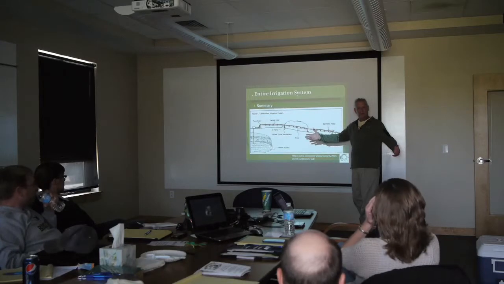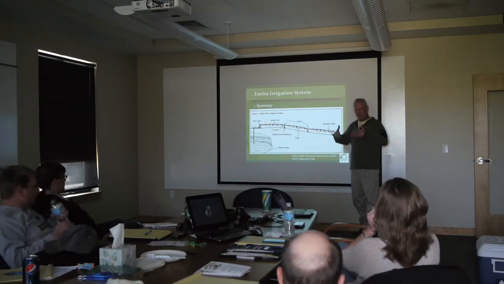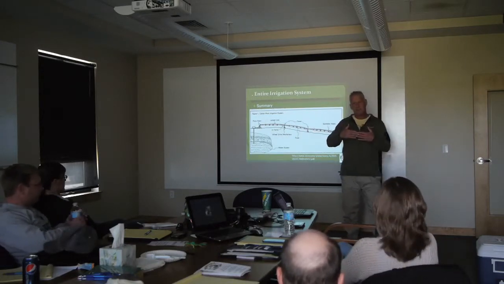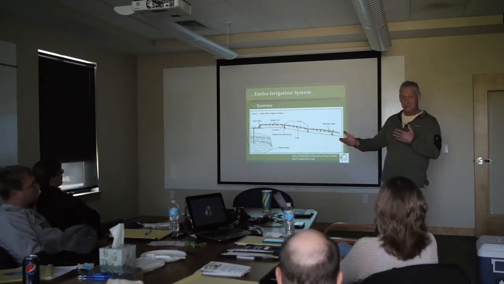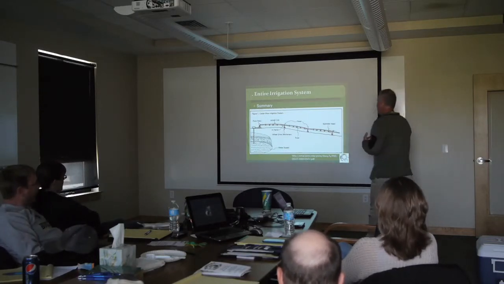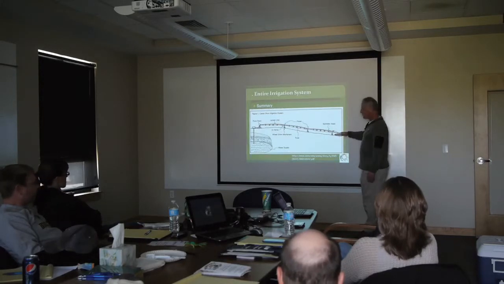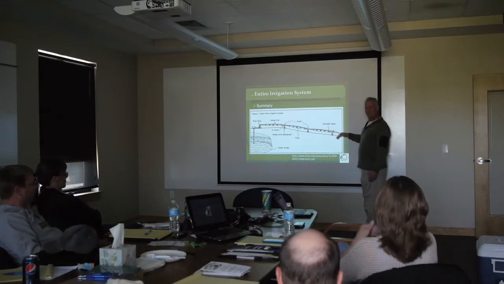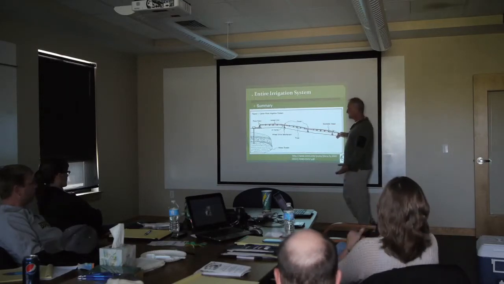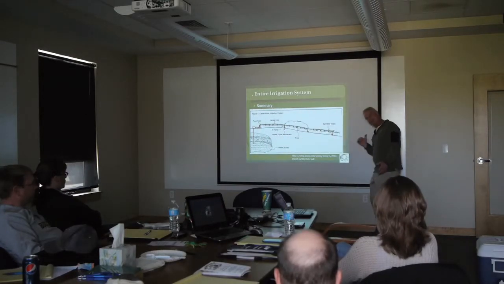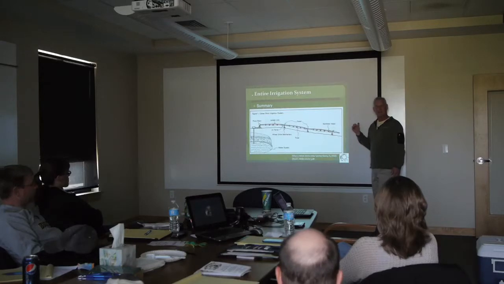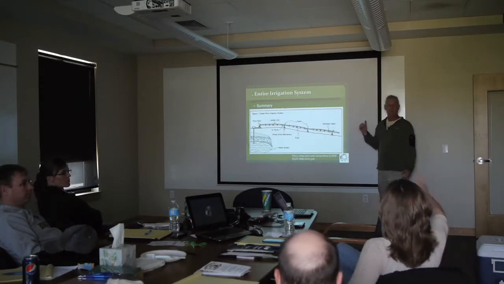I wanted to throw this out: as you're measuring these pressure drops, you also have to measure any increases of pressure. If this quarter mile out here is 40 feet less than the pumping place, you actually have gravity feed out to the end of the pivot. So you have to account for that too. But then if it goes up the hill on the other side of the field.